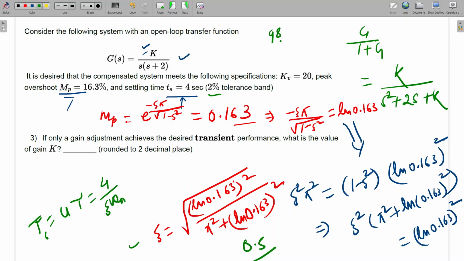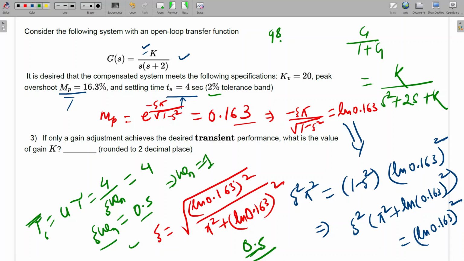Since zeta is equal to 0.5, and Ts is already given here as 4 seconds, zeta omega n is equal to how much? Zeta into omega n is equal to 1, and we have already calculated zeta as 0.5. So omega n will be 1 here.